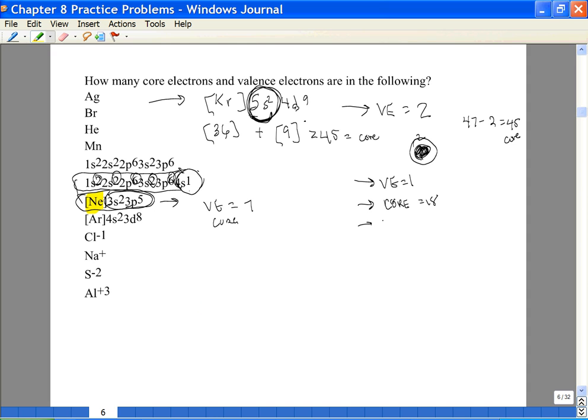This one, valence electrons is equal to 2, because 4 is the highest energy shell occupied. The core electrons in this case are going to be equal to the argon core, which has 18 electrons, plus the remainder of the electrons, which are 8 more, so it's 26.